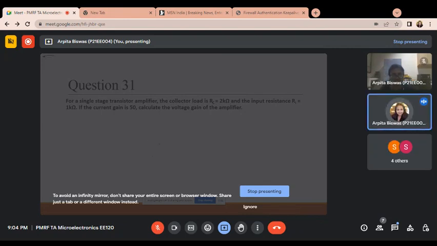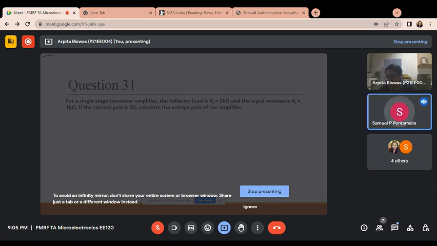Can you please explain? For common emitter configuration, the overall gain we can write as minus beta times RC upon RE. Beta is given as 50, RC is 2 kilo ohm and RE is 1 kilo ohm. That's the right answer.